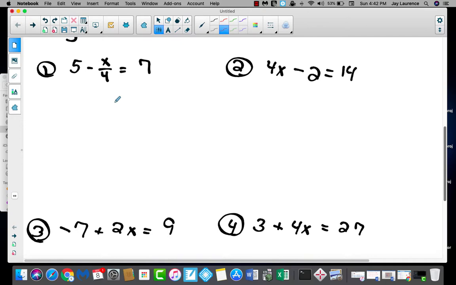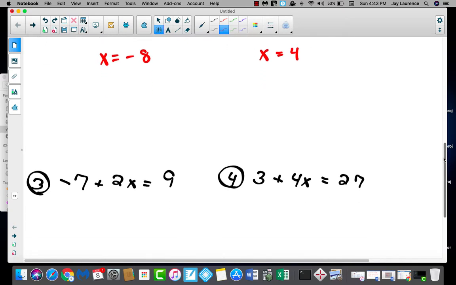All right, so on number 1, I believe x is going to equal negative 8. Number 2, x is going to equal 4.